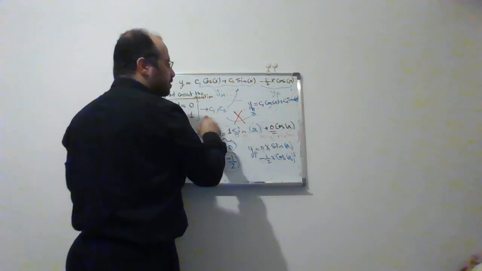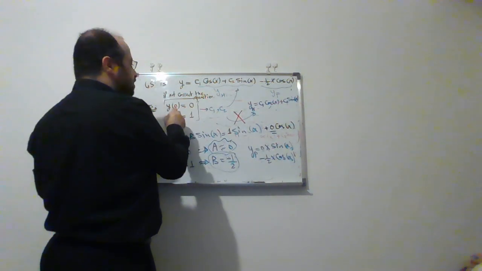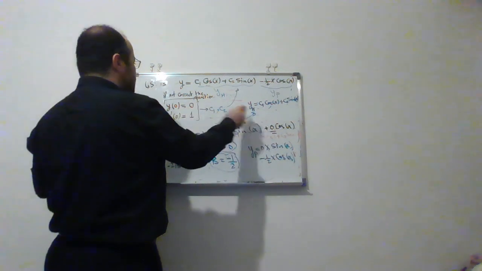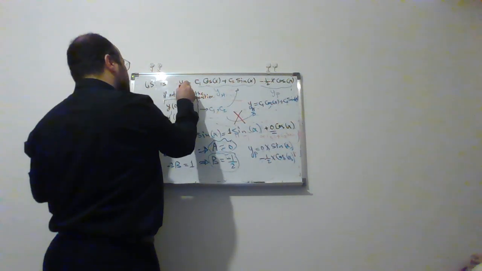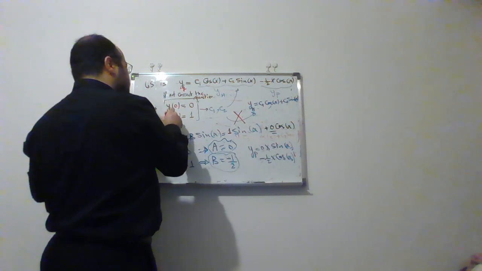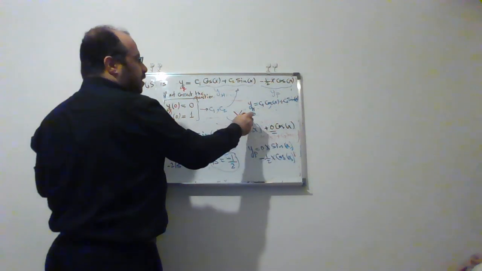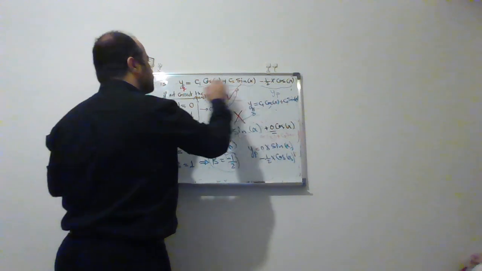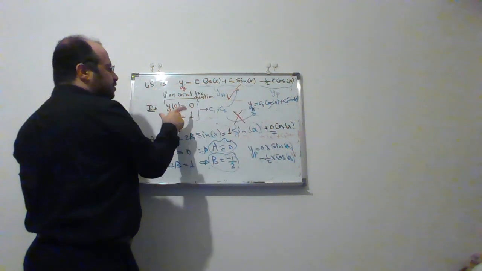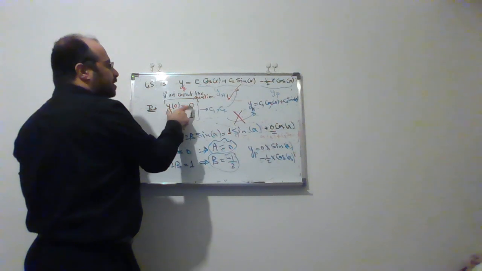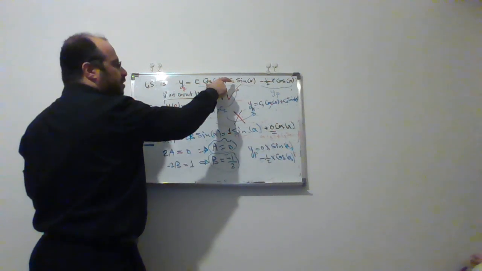I saw many students trying to plug the initial conditions into the homogeneous. This is not for homogeneous, this is for the general solution. The right thing is to go with the general solution, so the general solution is the right one to plug the initial conditions in and get C1 and C2.